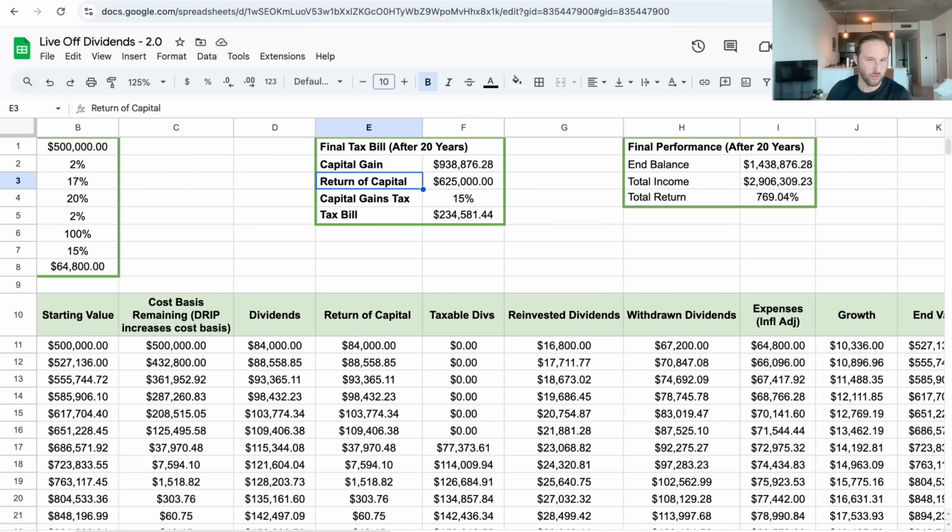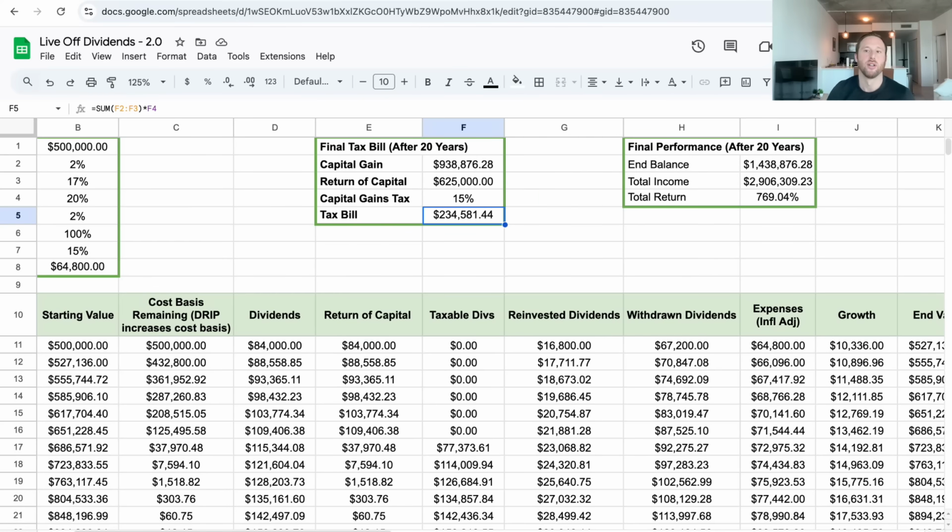Because return of capital is a deferral on the dividends, so we have to account for that. 625K of return of capital will have to be added in. We have a capital gains tax at 15%, and adjust as you see fit on these tax percentages, for a total tax bill of $234,000 after 20 years.